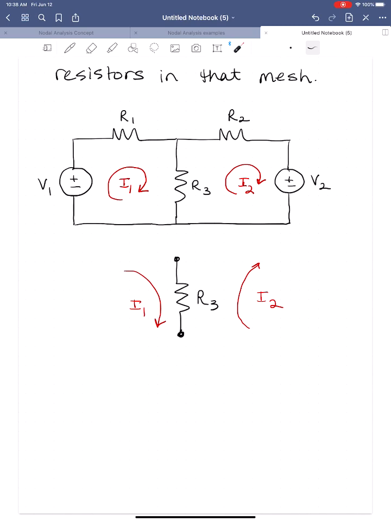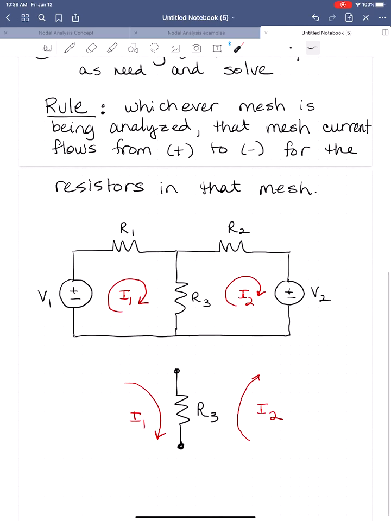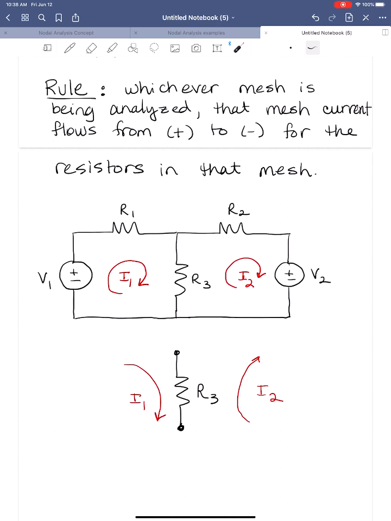But we're not labeling those currents because, again, we have our rule for how we're going to solve the voltages. Whichever mesh is being analyzed, that mesh current flows from plus to minus. So when we are analyzing mesh 1, then I1 is going to flow from plus to minus across the R3 resistor, and that's the way we will solve for our voltage with that polarity.